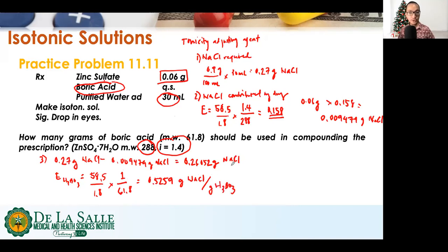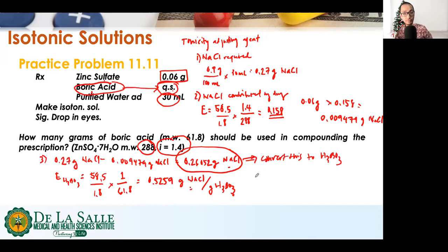Now, you have this amount of sodium chloride needed to make the solution isotonic. But according to the problem, you need to add a sufficient quantity of boric acid to make it isotonic. So, we will need to convert this to boric acid. Notice grams of sodium chloride per gram of boric acid, so we will simply divide this by this.